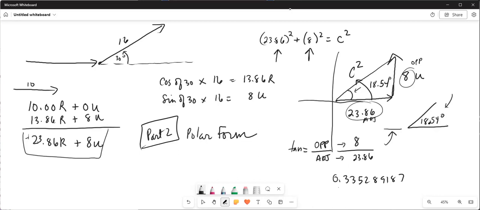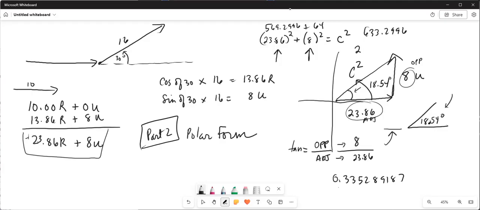23.86 squared is 569.2996. And then 8 squared is 64. Add those together. 569.2996 plus 64 equals 633.2996. And then I'm just going to take the square root of that.